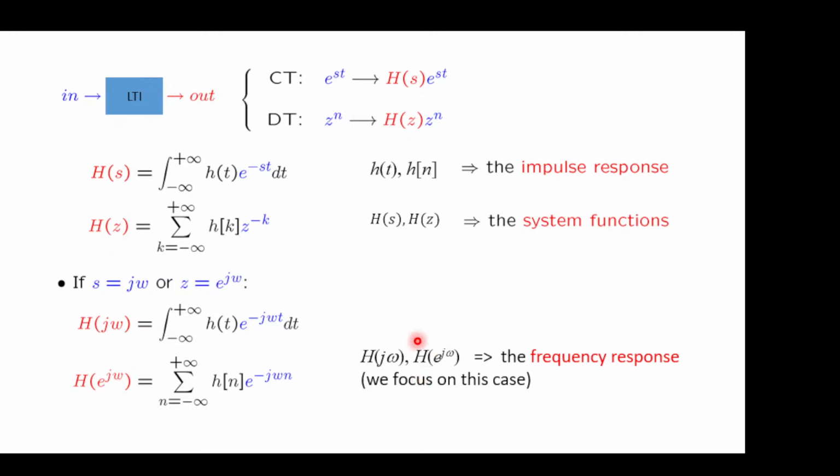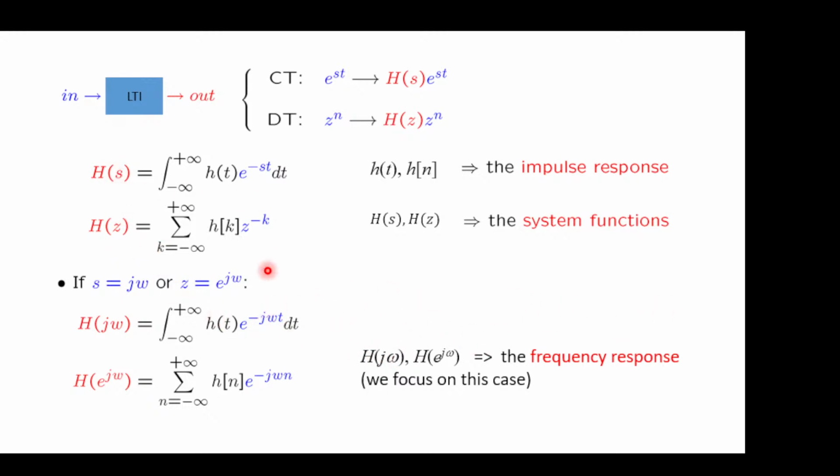And when we restrict H to H of j omega, H of e to the j omega, then those are called frequency responses, because omega, as we're seeing, can be seen as the frequency of some component of your signal, right? Because this e to the j omega, you can think about it as a complex exponential, or like a sinusoid oscillating with frequency omega.